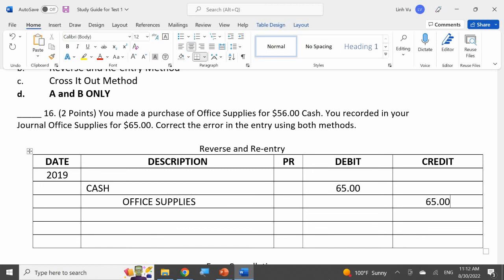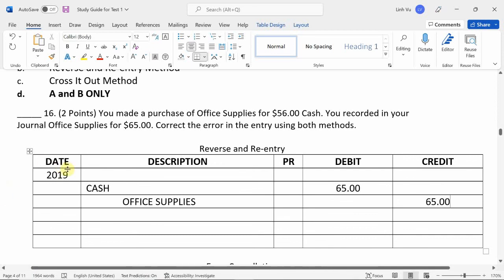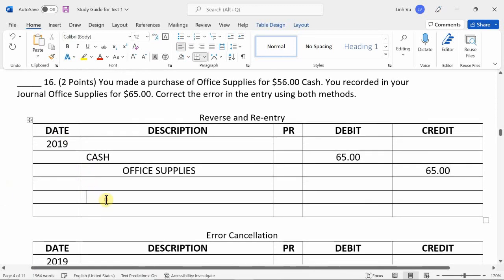Now that I returned the product, the next step is I need to re-enter the journal for the correct amount. So now that I returned the product, I need to go buy it again. So what would I journalize this as?